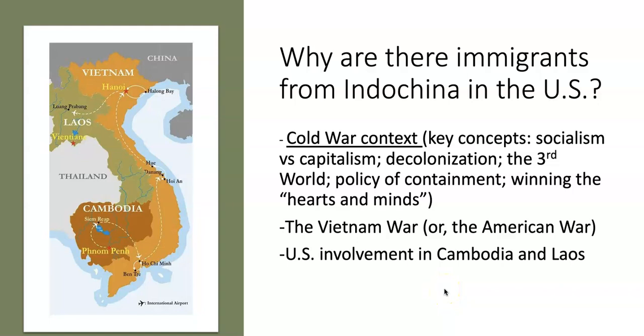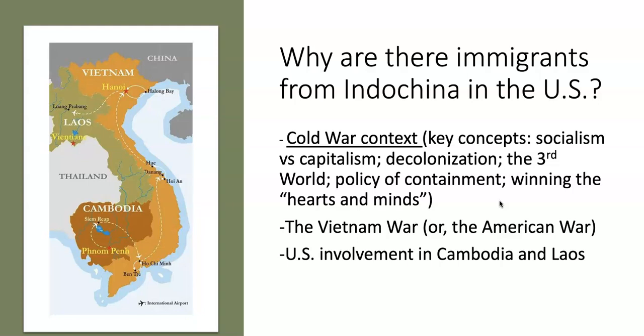Okay, so all this explains our involvement. Of course, this is a very condensed, abridged version of our involvement in Indochina, but we should be aware of all these terms, because they figure prominently in the historical backdrop as to why the United States became involved in Vietnam or Indochina in general in the first place. And again, that's going to lead to this corollary migration movement.